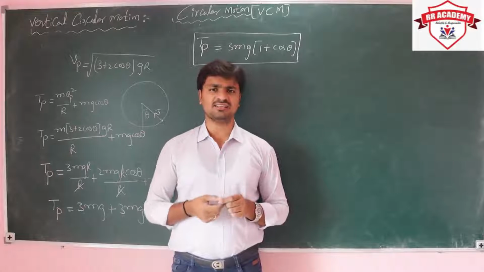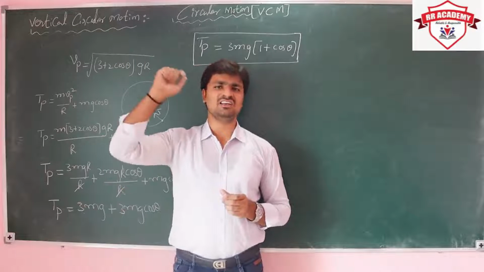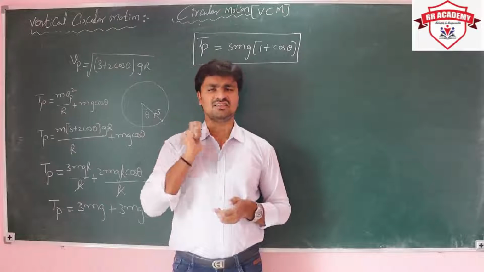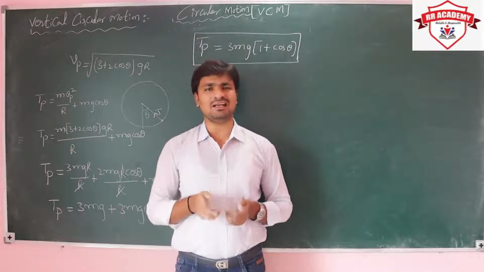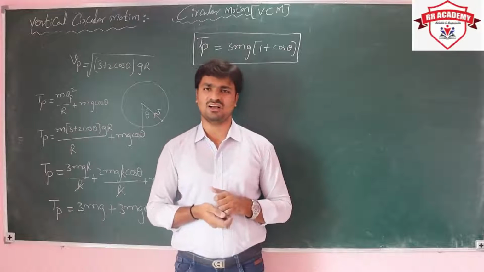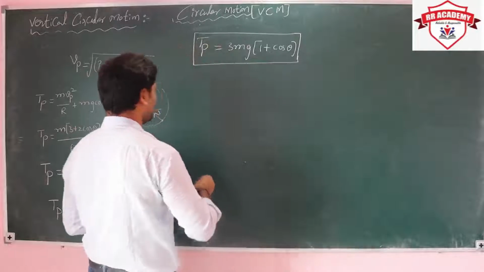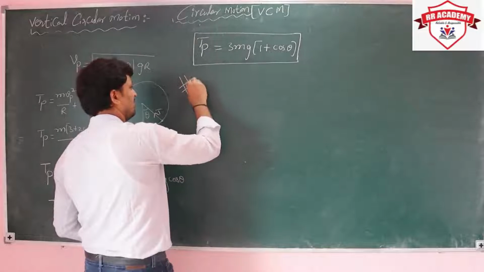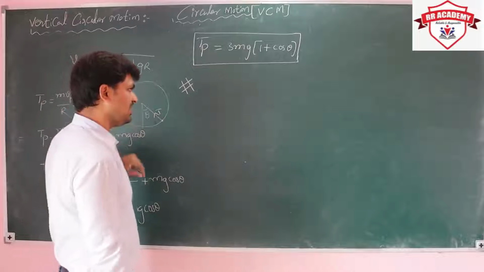We already discussed that at the lowest point it is under root 5gr, and at the highest point it is under root gr. In case the velocity is within some particular limit, what about the condition? This is the string condition only.